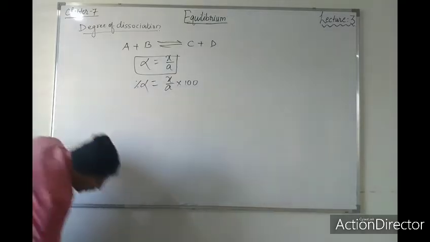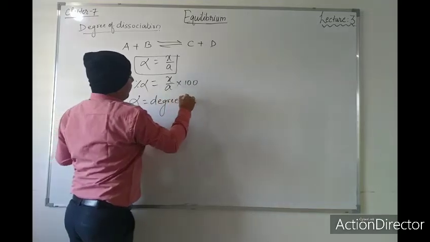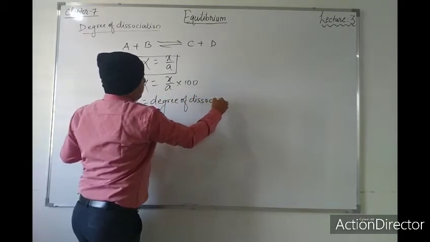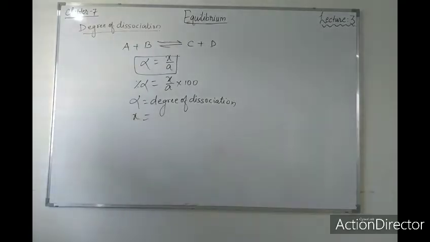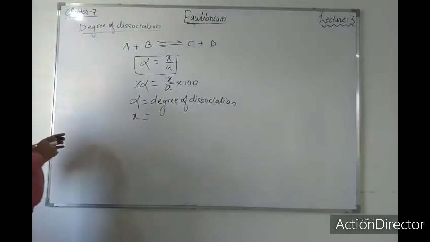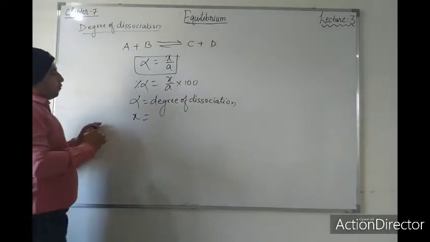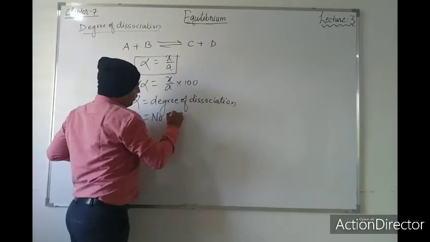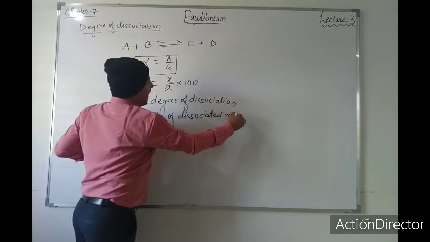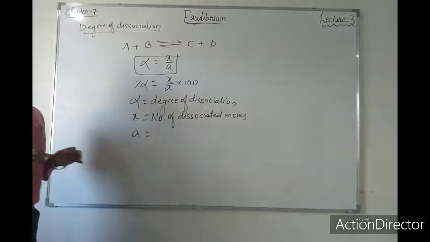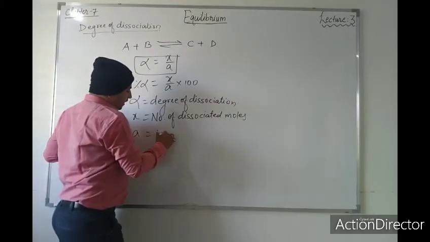So alpha is the degree of dissociation, x is the number of dissociated moles, meaning how many moles have been dissociated, and a is the initial number of moles, meaning whatever was given initially.